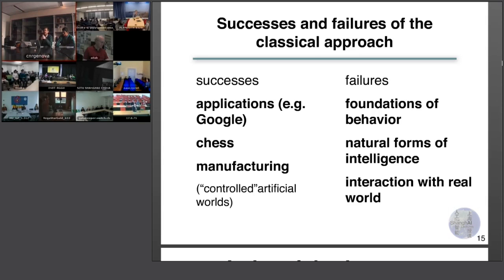So AI has been extremely successful in some things, for example Google search and chess. You know that there are very few humans who can hope to seldom win against a computer.